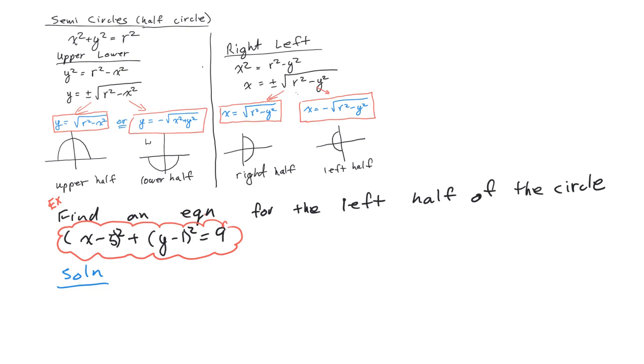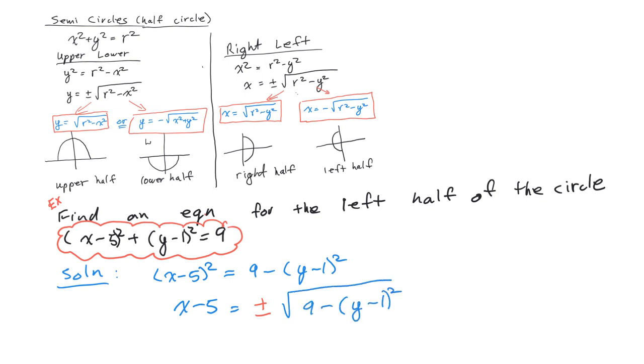Okay, here we go. So now we'll start by taking (x minus 5) squared, and we're going to move this part here, the (y minus 1) squared, to the other side. So we have 9 minus (y minus 1) squared. Now, to get rid of the squared on the left side of the equation, we just write x minus 5 and drop the brackets is equal to, notice I'm going to put this in red so you can remember, plus or minus the square root of 9 minus (y minus 1) squared.